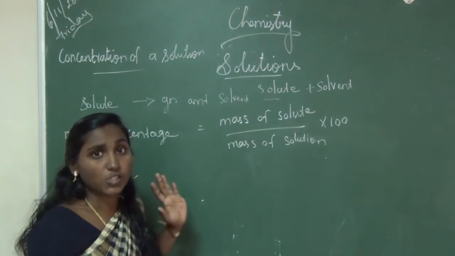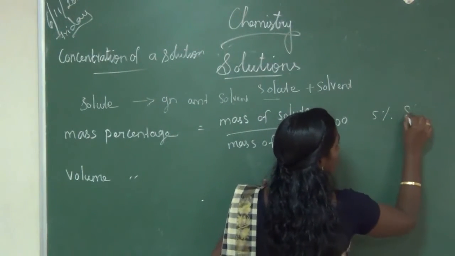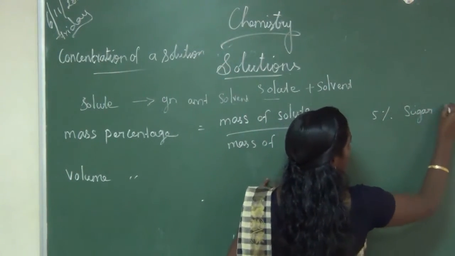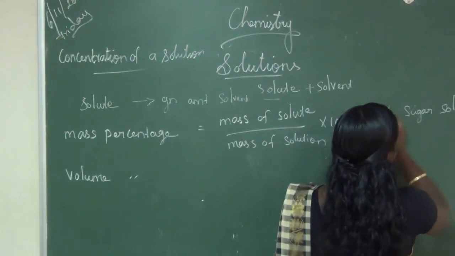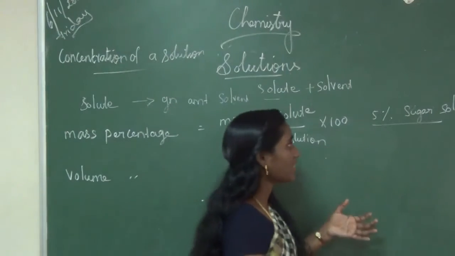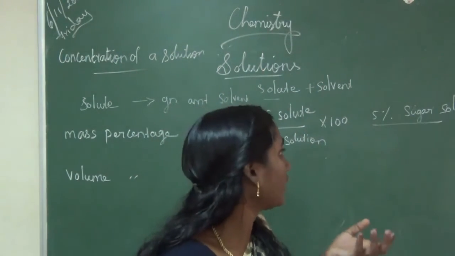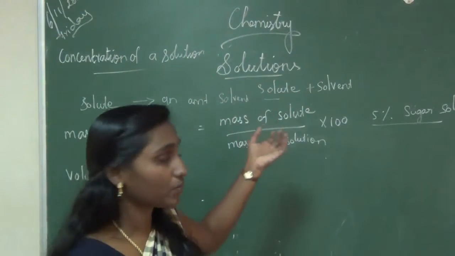Example for this mass percentage: 5% of sugar solution. Which means, 5% sugar solution contains how many percentage sugar? Can you guess it? How much sugar and how much water is present here?